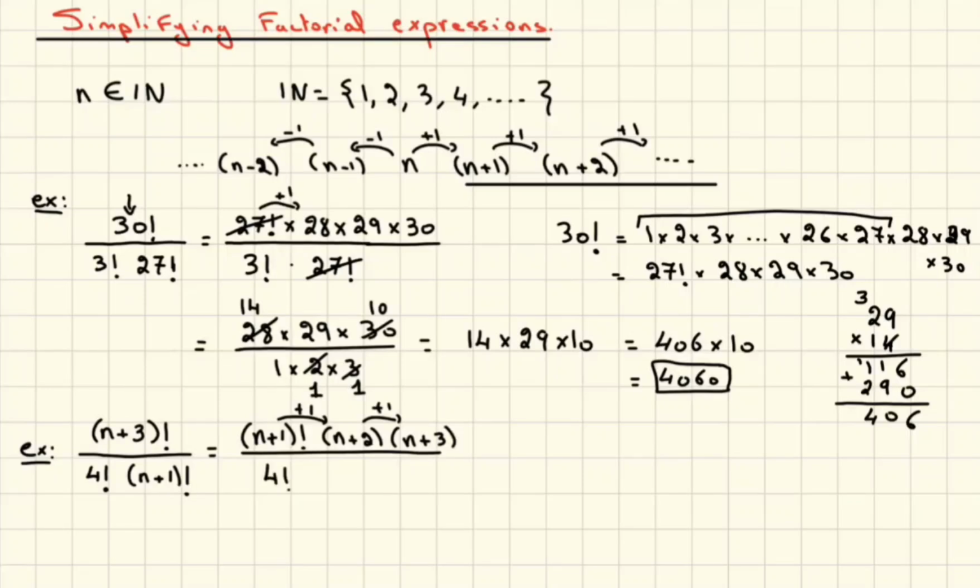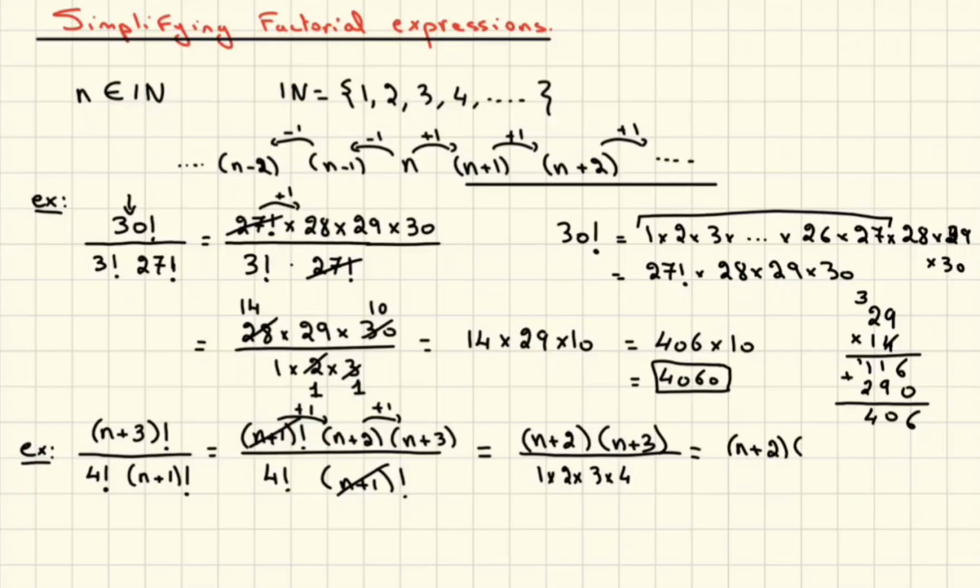I go back to the denominator, keep it the same, and as you can see we have n plus 1 factorial, n plus 1 factorial are the same. We cancel them out and we still have n plus 2 on top multiplied by n plus 3 over 4 factorial. Now, either you keep 4 factorial the same, or if we want a number, then I know it's the product of the first 4 natural numbers, 1 multiplied by 2, by 3, and by 4.